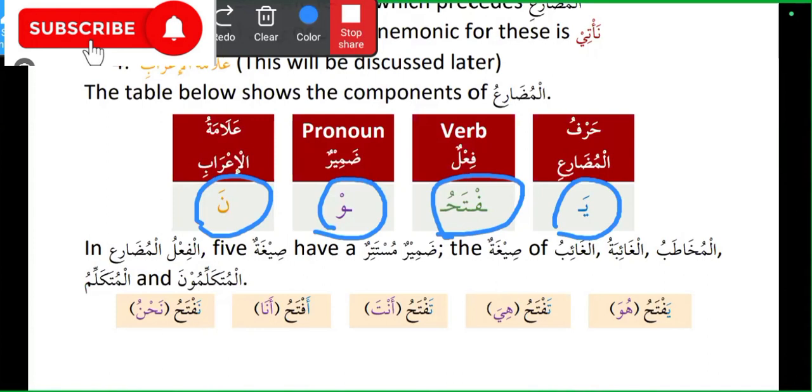So in fi'l al-mudari, 5 sigas have a damir mustatir. We have discussed what is a damir mustatir. Damir mustatir is the pronoun which is hidden inside the word itself. We don't write yaftahu huwa. We don't write huwa yaftahu. We just write yaftahu. And then we don't write hiya taftahu.